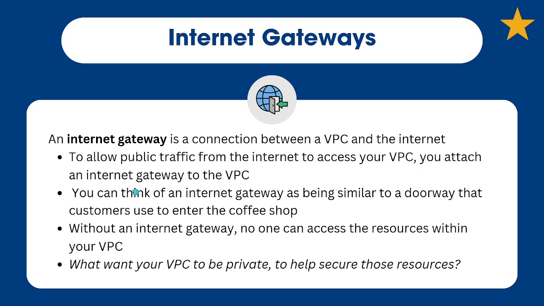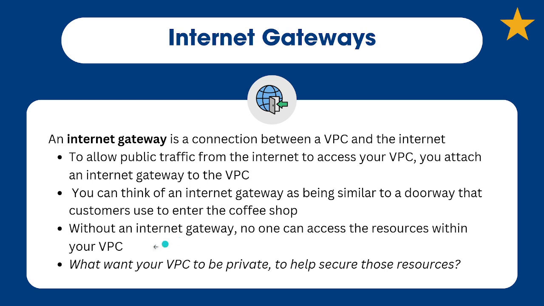So you can attach an internet gateway to the VPC. You can think of an internet gateway as being similar to a doorway that customers use to enter the coffee shop, right? Going back to the analogy. Without the gateway, no resources or services existing outside that virtual private cloud will be able to access the resources in the cloud.